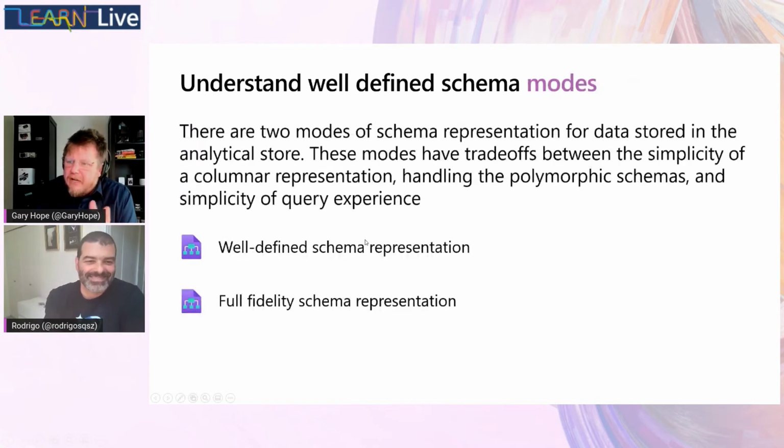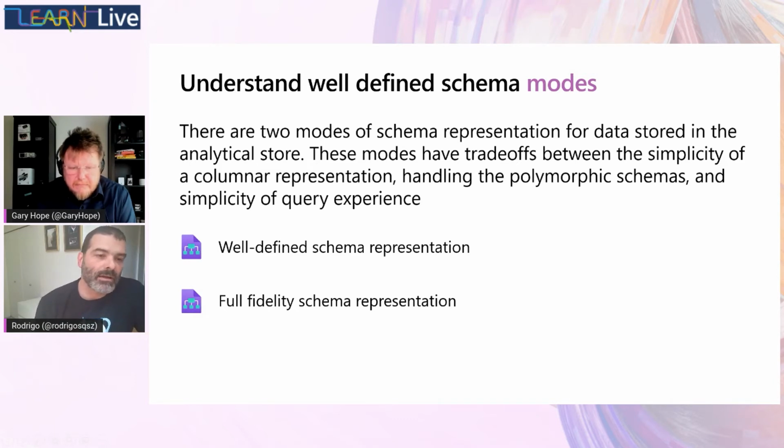Perfect. So at a high level, we have these different ways of mapping it as well, right? Good point. Yes, we have. For SQL API, the default method we have to do this sync between transactional and analytical store, we call it well-defined schema, meaning that we have specific rules for SQL API.